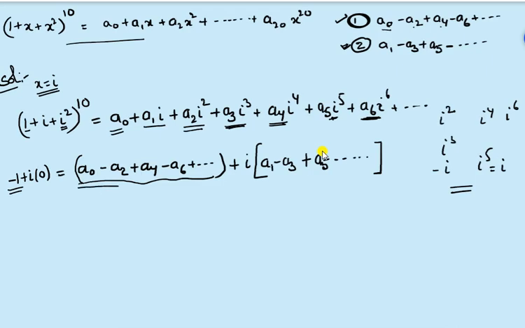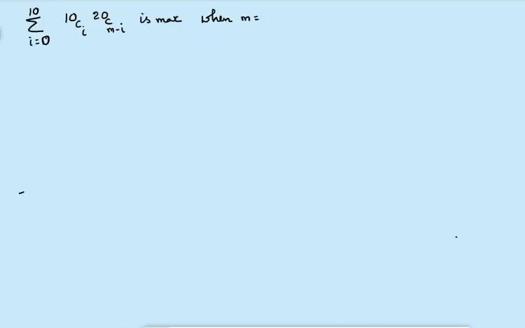Right hand side the real part is this one. That's why I can write this particular value is equal to minus 1. Left hand side imaginary part is 0. Right hand side imaginary part is this one. That's why we can say this value is equal to 0.